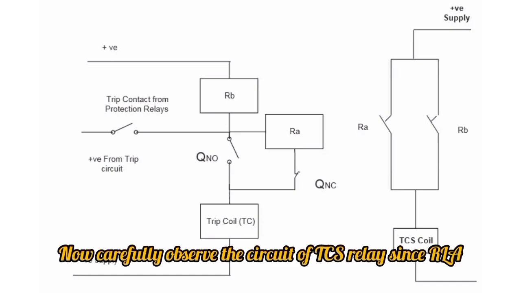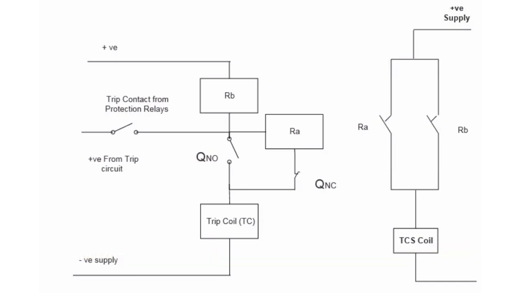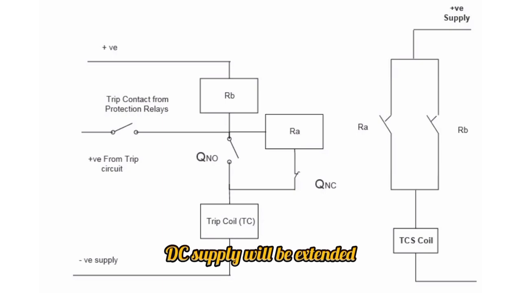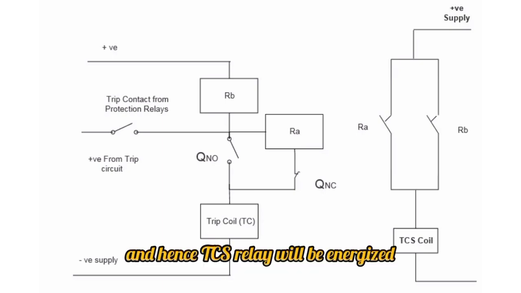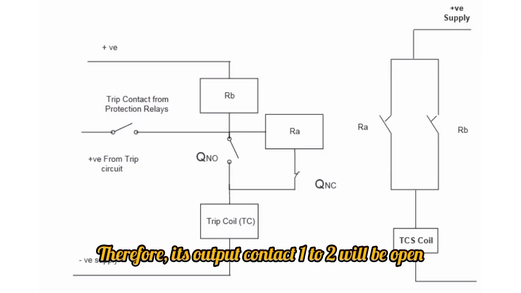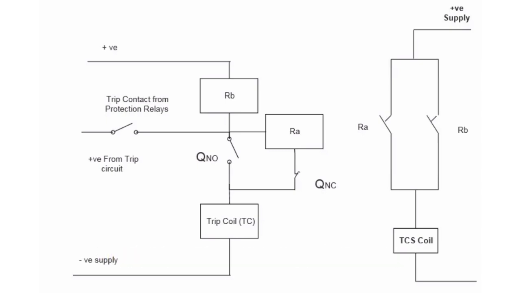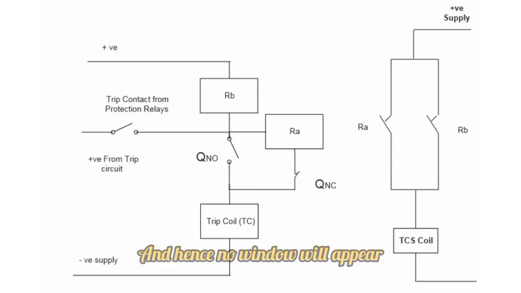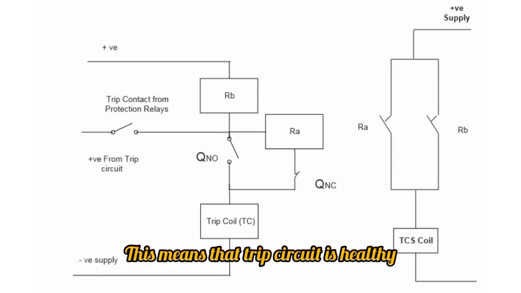Now carefully observe the circuit of the TCS relay. Since RLA and RLB contacts are closed, DC supply will be extended and hence the TCS relay will be energized. Therefore, its output contact 1 to 2 will be open and hence no window will appear. This means that the trip circuit is healthy.